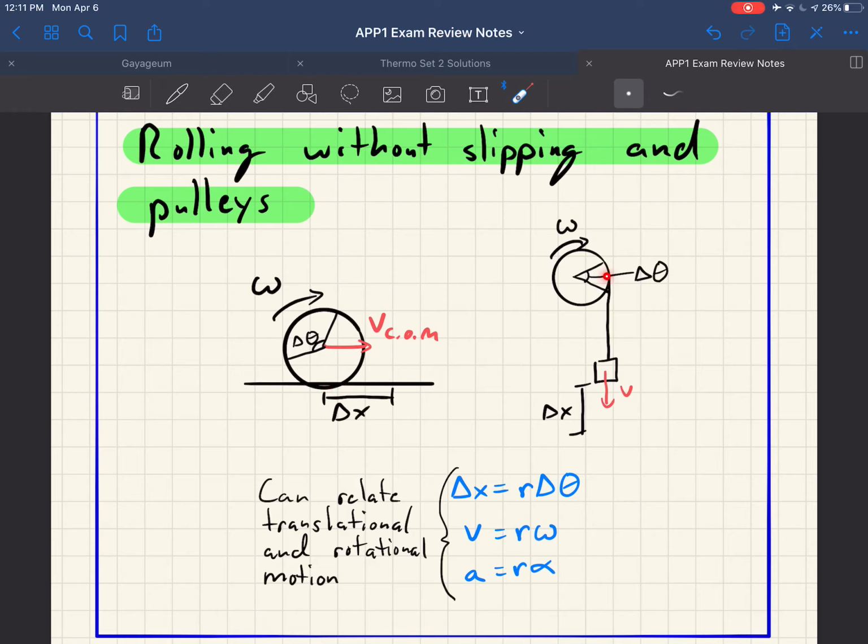And you have that pulley that's unwinding, you can use these equations, and in this case, this would be the displacement of the center of mass of the object, and this is the angular displacement. This is the velocity of the center of mass of the object, and this is its angular velocity. This is acceleration of the center of mass of the object, and this is angular acceleration. In the case of the pulley itself would be fixed, but all of these would be referring to the translational motion of this attached object as it falls.